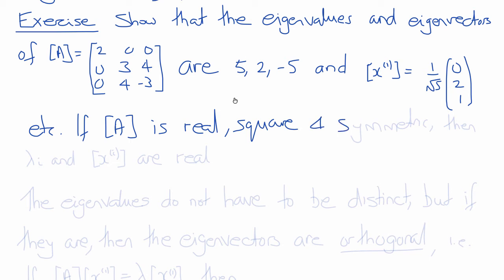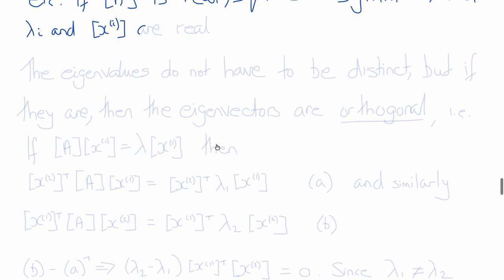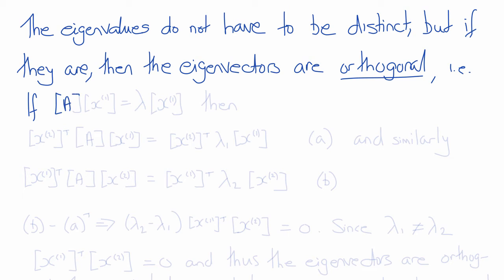If A is real and symmetric, then the eigenvalues and eigenvectors are also real. The eigenvalues don't have to be distinct. They don't have to be different numbers. But if they are, then it's easy to show that the eigenvectors are orthogonal. So start with the definition, A x1 equals lambda 1 x1.